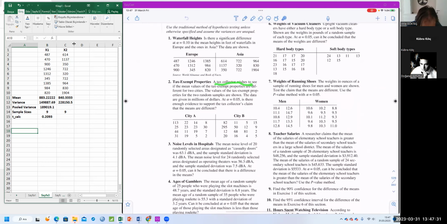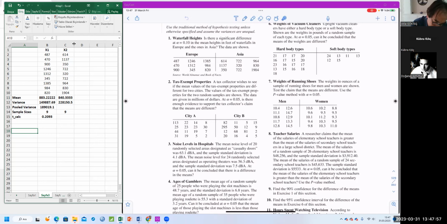A tax collector wishes to see if the mean values of tax-exempt properties are different for two cities. The values of the tax-exempt properties for the two random samples are shown. The data are given in millions of dollars. At alpha equals 0.05, is there enough evidence to support the tax collector's claim that the means are different?